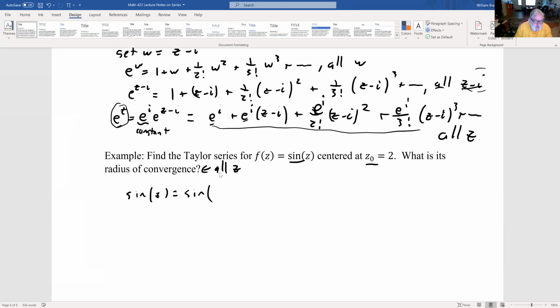equals sine of z minus 2 plus 2 equals sine of z minus 2 times sine of, oh, sine is sine cosine. Sorry, got to back up a bit.